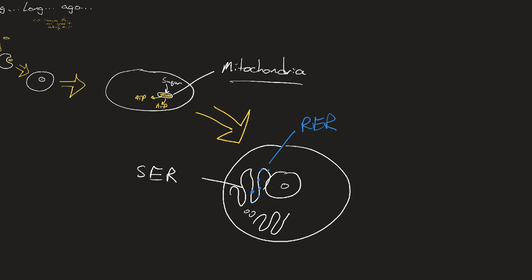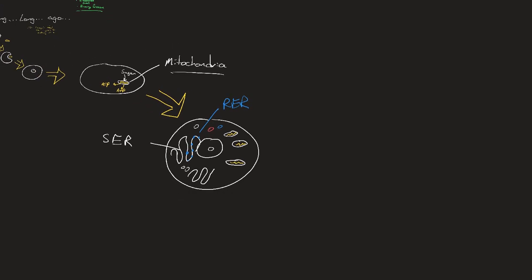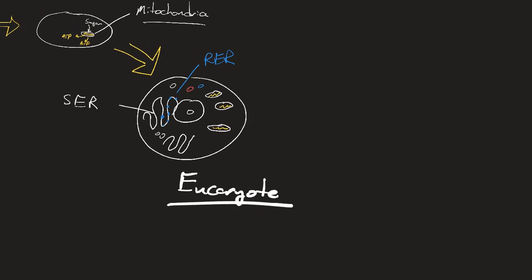There were all kinds of food vacuoles and lysosomes and peroxisomes, all kinds of crazy little things. But there was this really interesting, and they made copies of themselves, so there's all kinds of copies of them. These little things called mitochondria. They were making ATP for everybody in the cell. This was a eukaryote. So all eukaryotes had what? Mitochondria.